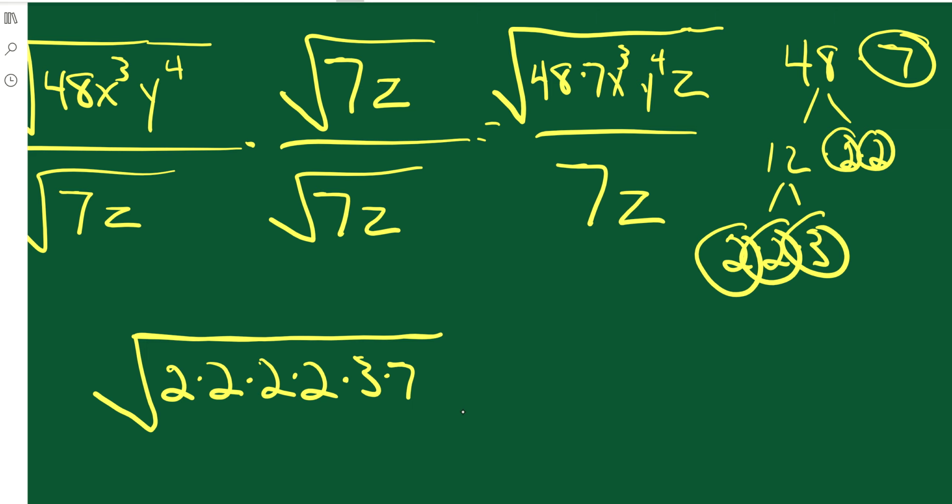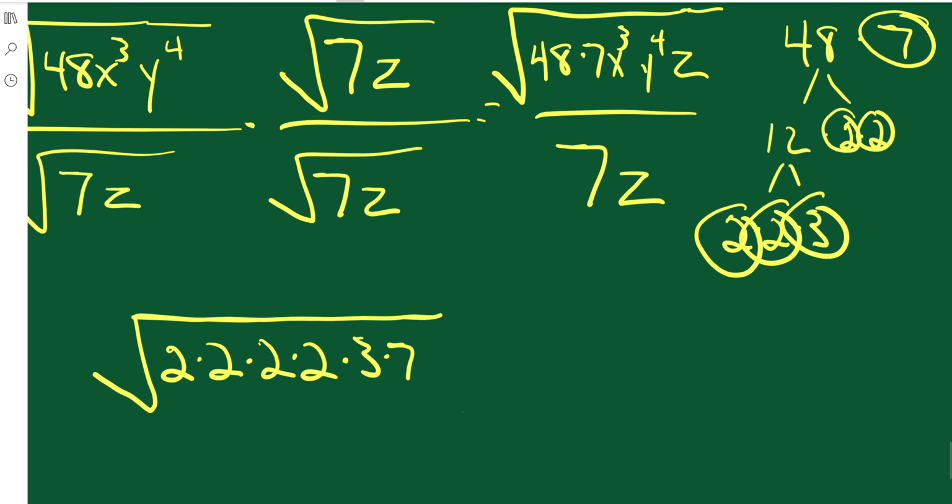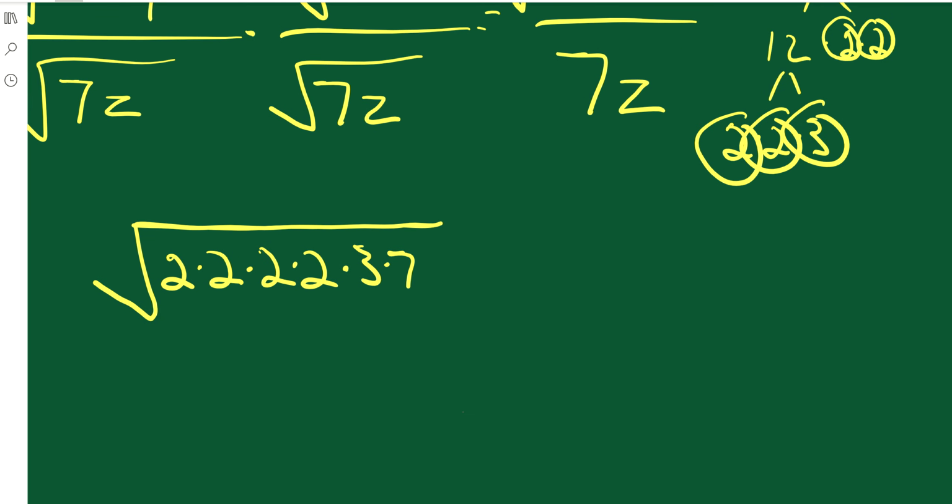So 2 times 2 times 2 times 2 is 16, times 3 is 48, times 7. Now this is the square root of that 48, and for every 2, I'm going to take 1 out. Here's a 2, and here's another 2, so that'll give me 4 on the outside. And what's left inside is the 3 times 7, which is 21.